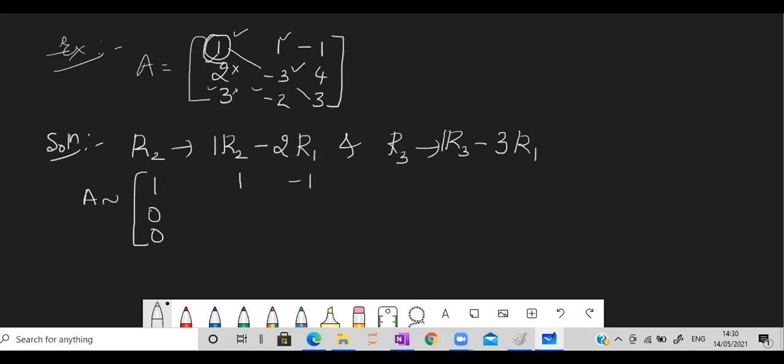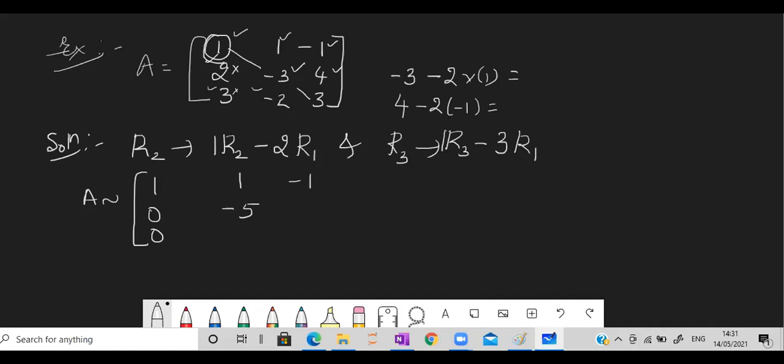So the R3 element is -3 minus 2 into the corresponding R1 element, which is 1. What is the value? -5. Next element of R2 is 4. For 4, the corresponding R1 element is -1. My R2 element is 4 minus 2 into -1.